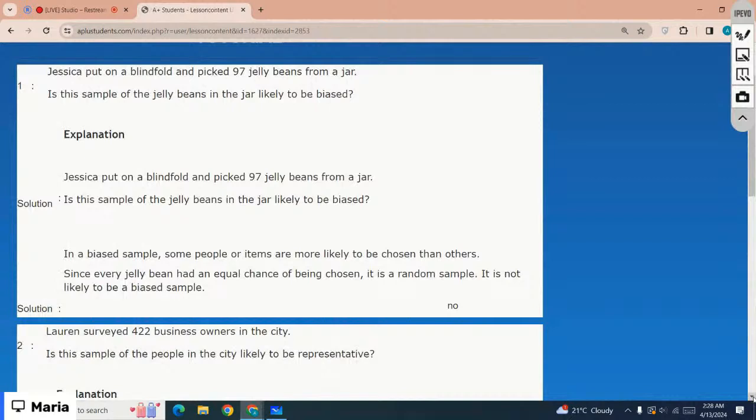Since every jelly bean had an equal chance of being chosen, that is a random sample. It is not likely to be a biased sample.